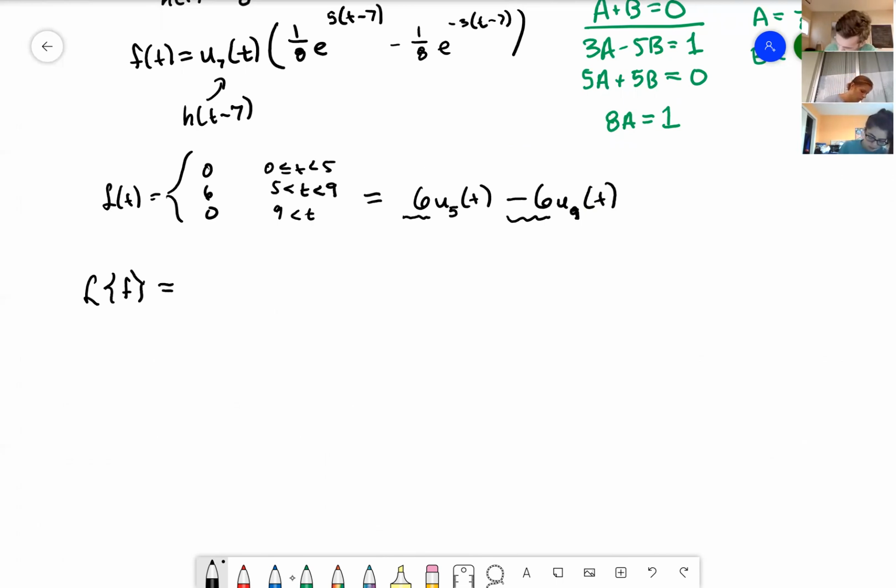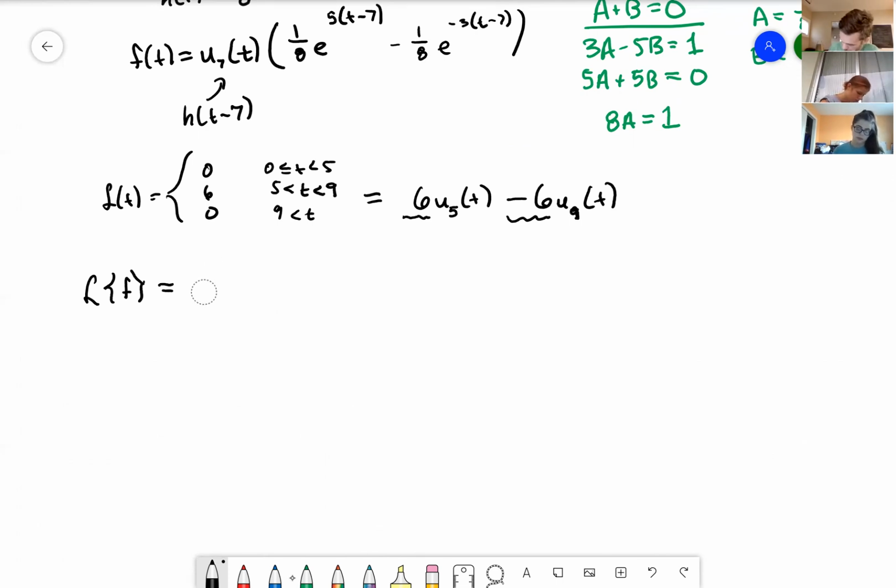There's an implicit, the 6 is in terms of t minus 5. Doesn't really matter. So what we have is e to the minus 5.